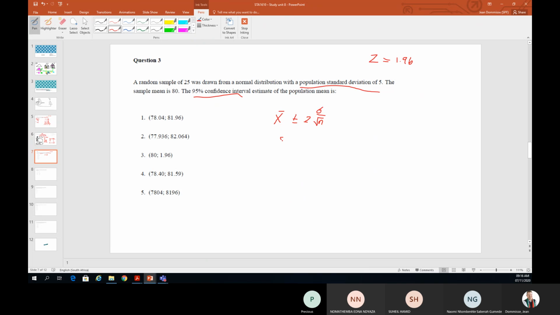So 80 will be in the middle, so that can be a possibility. 80 in the middle, that can be a possibility. 80 in the middle, that can't be. 80 in the middle, that can be a possibility.